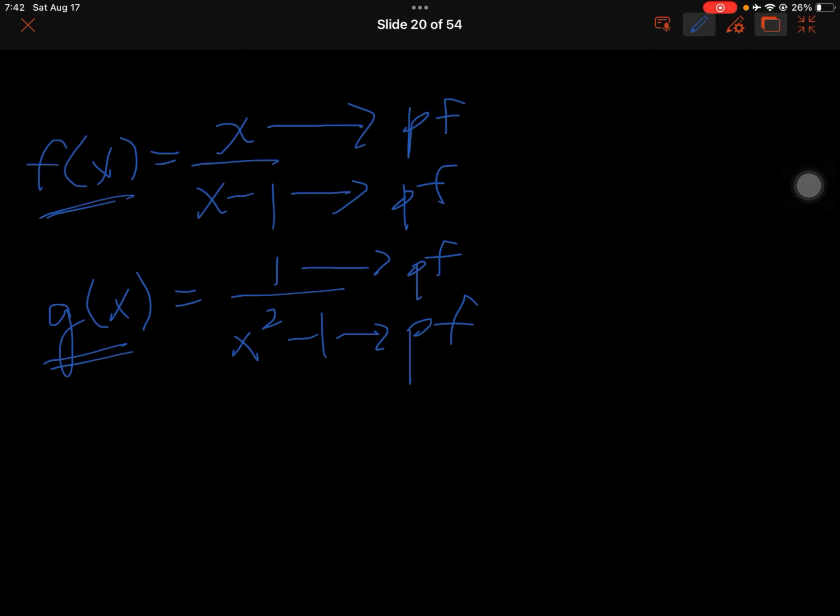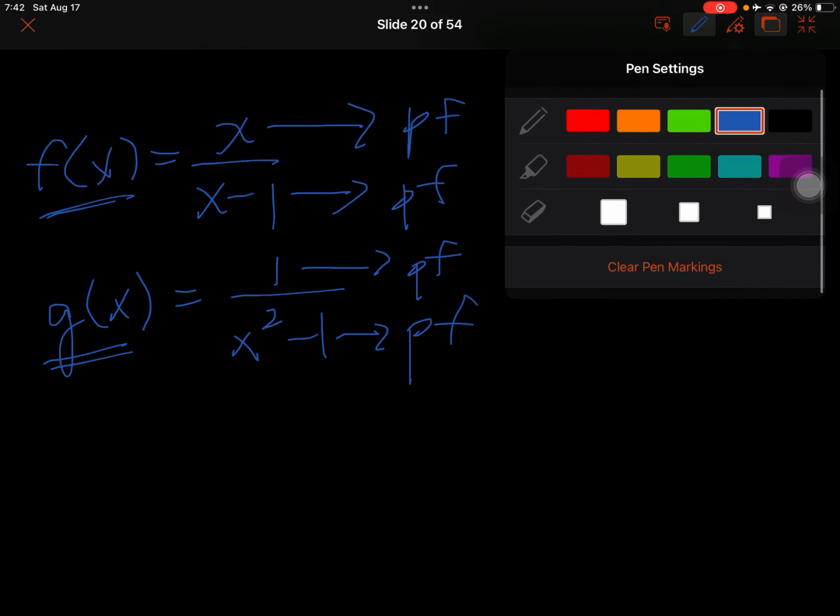Okay, so the graph here is, well, we have to learn that rational function has what we call asymptotes. So asymptotes, what are these? Basically, these are the lines such that the graph should not touch. Okay.